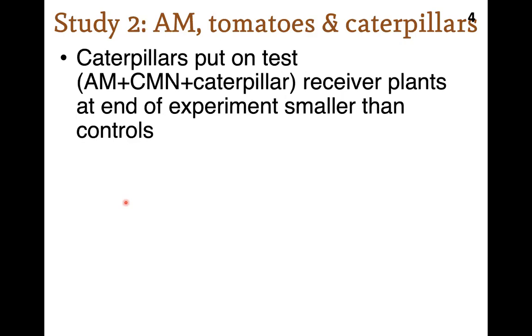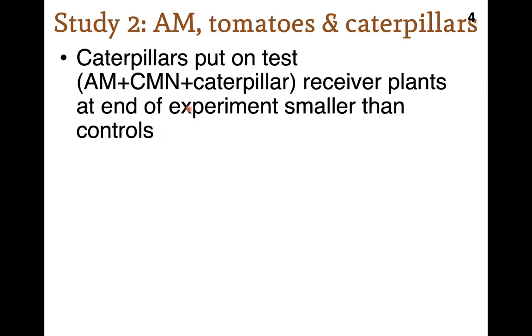And what they found was that the caterpillars that were put onto the plants that had a common mycorrhizal network and herbivory with an arbuscular mycorrhizal fungus were smaller than the rest of them. So this was treatment A, and so treatment A caterpillars are smaller than B, C, or D treatment.